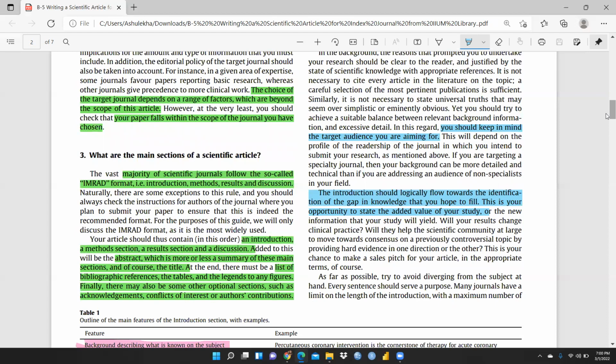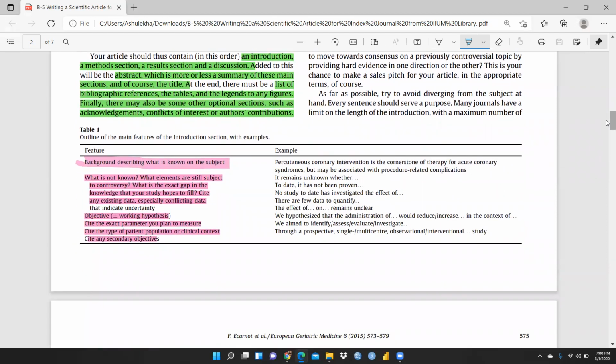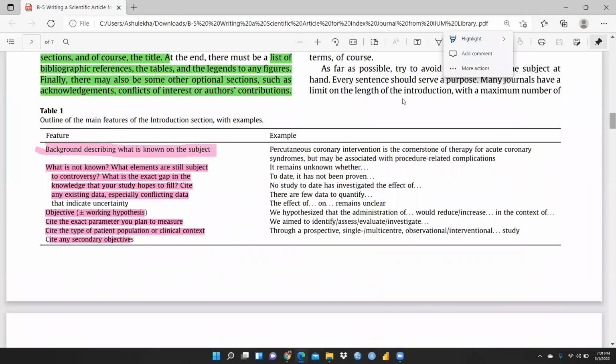The introduction should logically flow towards the identification of the gap in knowledge that you hope to fill, and this is your opportunity to state the added value of your study. This table beautifully outlines the main features of the introduction section with examples.